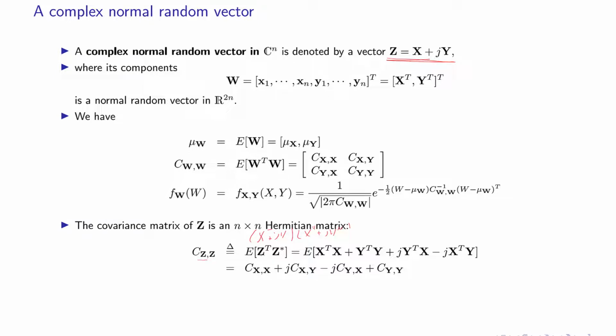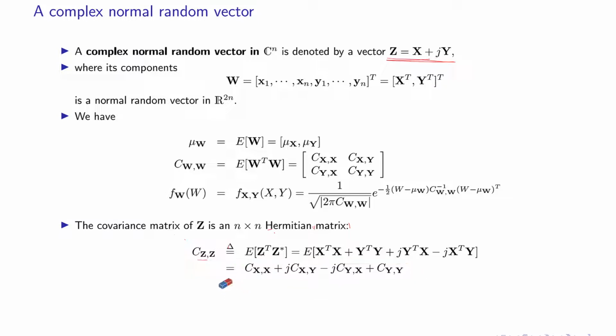If you calculate and apply, then you get the covariance matrix of z, which becomes equal to this one.